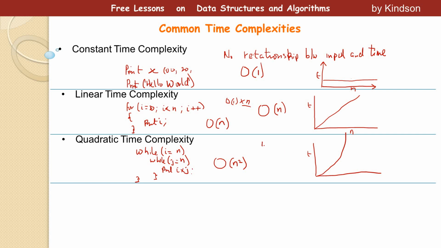If we have a while loop, and we have another while loop, right? So in this case we'll have two while loops that are side by side. It is not nested.